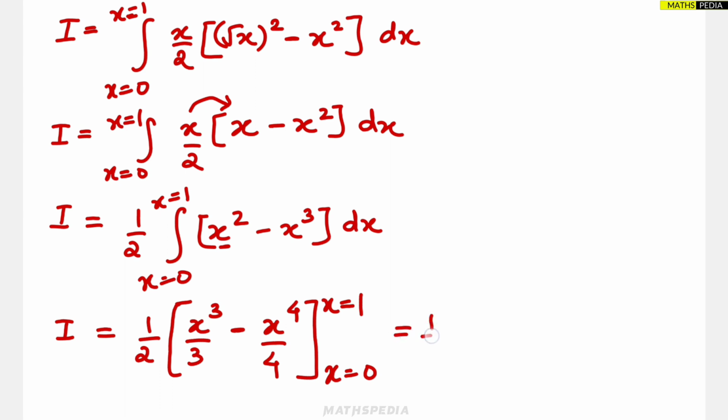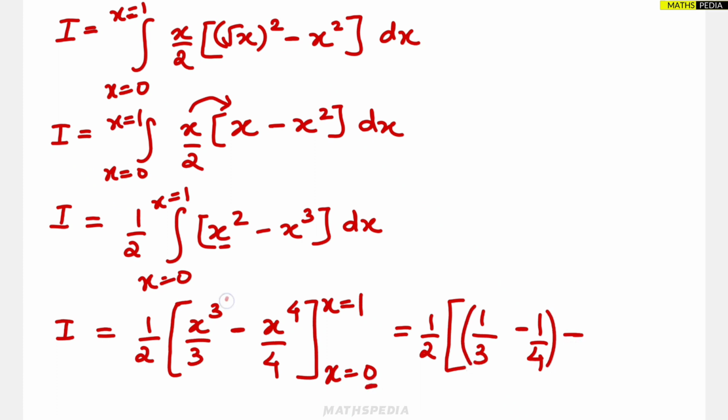What happens? 1 by 2 outside, and inside part, upper limit minus lower limit. So 1 we have to substitute, it will become 1 cube, 1 cube is 1, so 1 by 3, minus upper limit again, 1 power 4, 1 by 4, minus the lower limit. So 0 I have to substitute.